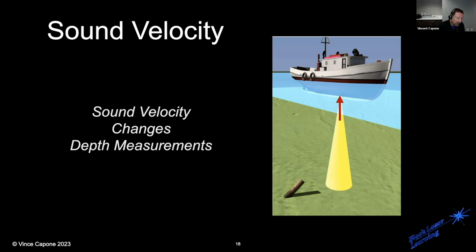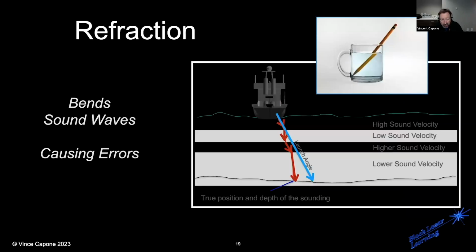Now, when it comes to multi-beam, something else happens. For those of you who may not know what multi-beam is, instead of taking a single sounding directly under the boat, we're taking dozens of soundings in a fan-shaped beam. We have to know the angle of every one of those measurements.